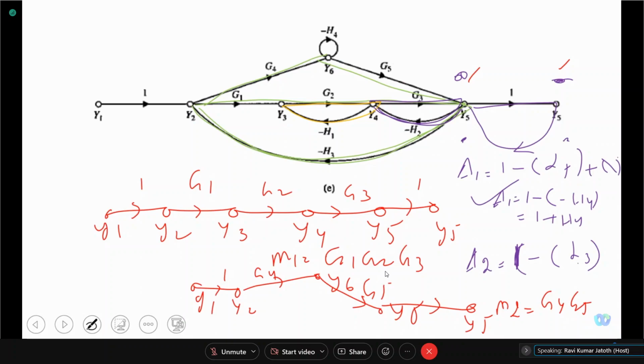Now you know what M1 is. M1 is G1, G2, G3. And M2 is G4, G5, and minus H2. Correct? Yes, sir.